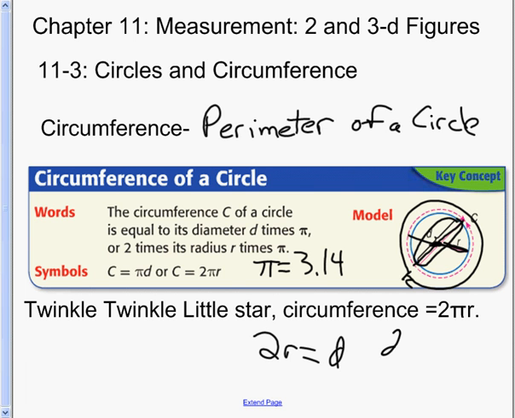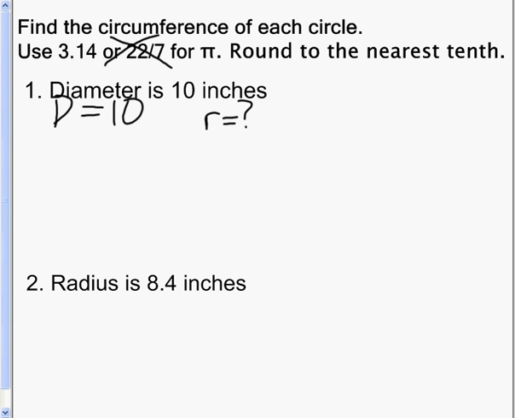So if we want to solve for radius and we have diameter, we have to divide by 2. Divide both sides by 2, then we'll have radius equals half of the diameter. So if diameter equals 10, we divide both sides by 2 to get 5. So we have just found the radius equal to 5.